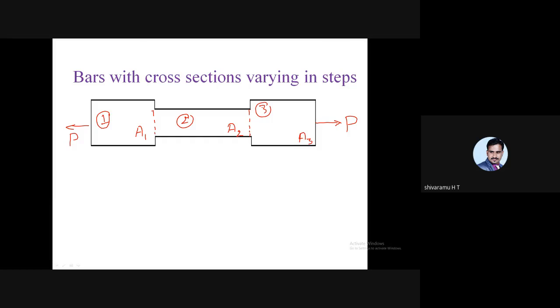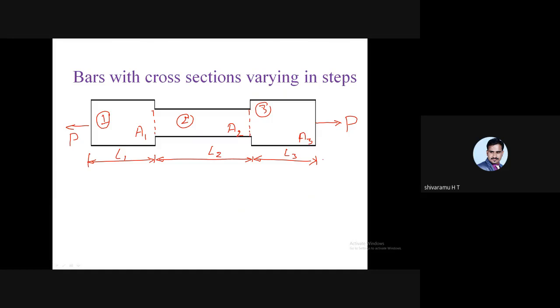It is not necessarily a tensile load. Here it may be given with a compressive load also. We can take the length of portion 1 as L1, the length of portion 2 as L2, and the length of portion 3 as L3.